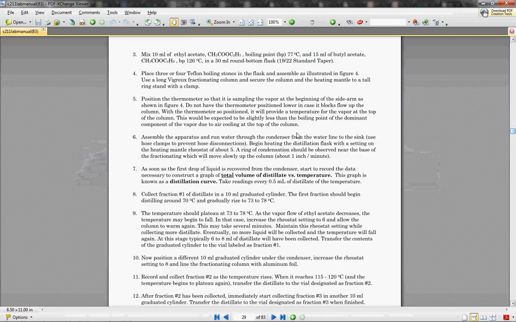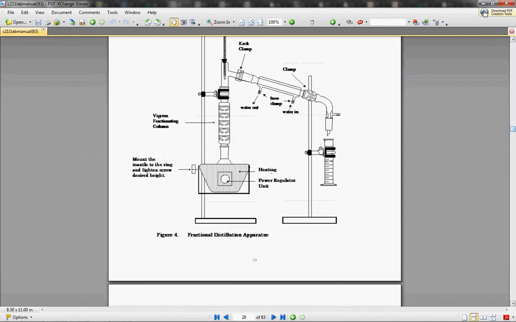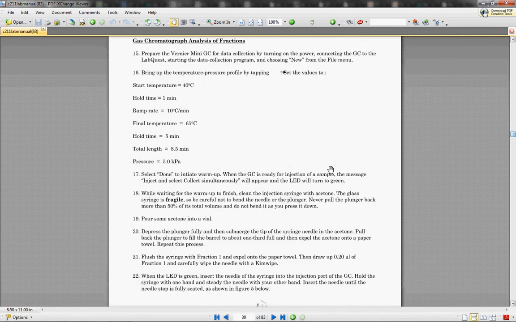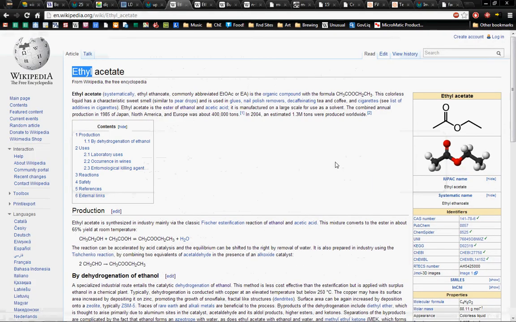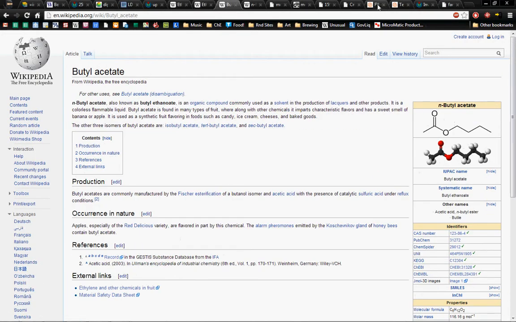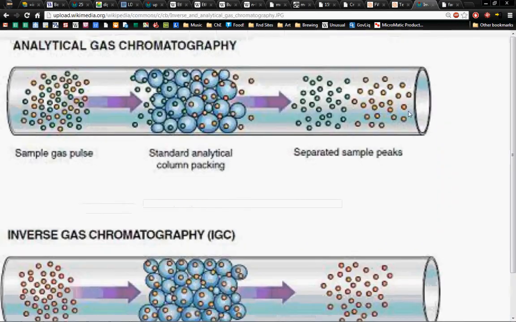So then once you've got your sample in your flask, right here, or in your volumetric flask, you can then take that sample over to the gas chromatograph. And so what is a gas chromatograph, you might be wondering? Well, I have an answer for you.